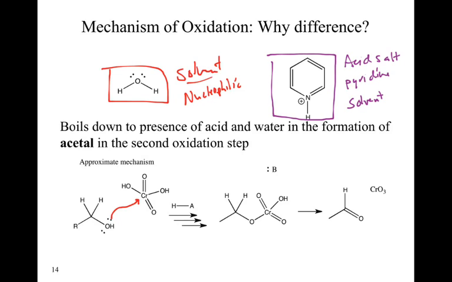Okay, the chromic acid species is highly electrophilic because of all of the electronegative oxygens attached to it. Okay, and what will end up happening is, under acidic enough conditions, we'll kick out water as a leaving group, and we will have the chromate ester. Okay, it's a chromate ester because we have a carbonyl and an oxygen bond with the chromium there. That chromate ester is the clutch of our oxidation step.